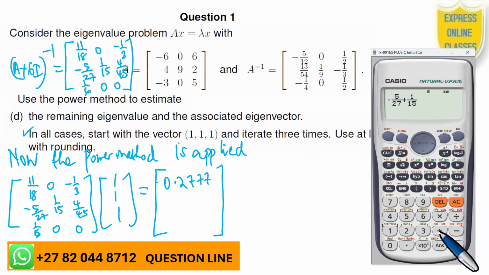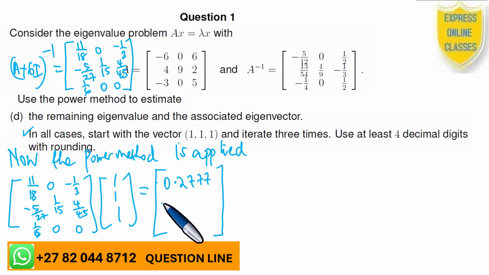And then we add 4 out of 45. So in the end, it's minus 0.0296.